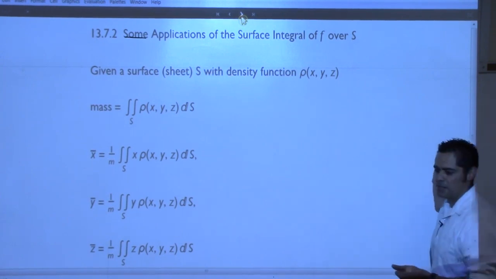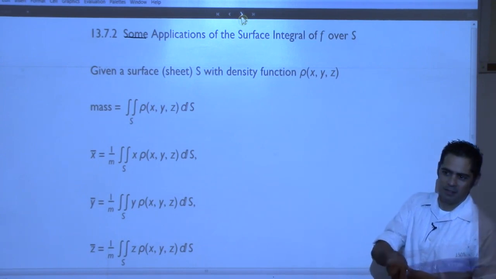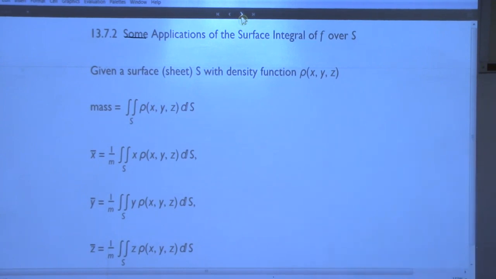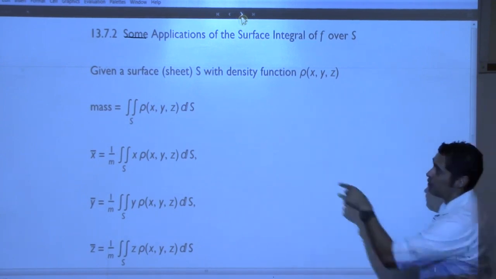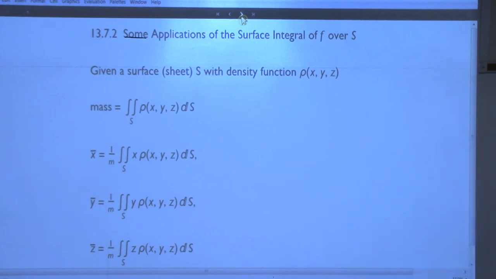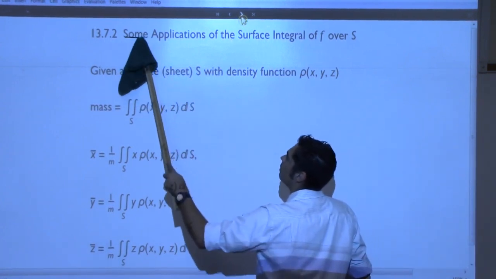But the formula does exist in the book. For this, I'm going to give you the formula, all right? That's a big hint, that if you're having trouble with that wire mass problem, it's because the formula, you have to actually read the book a little bit, all right?